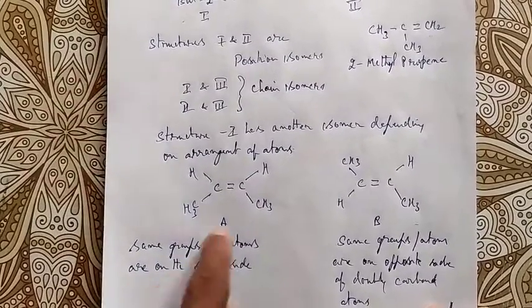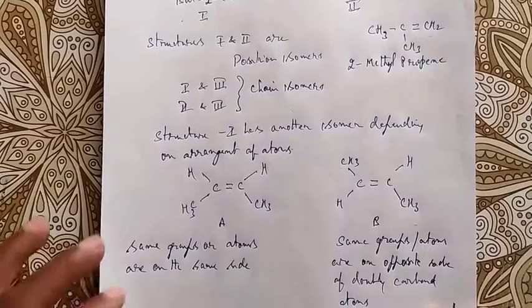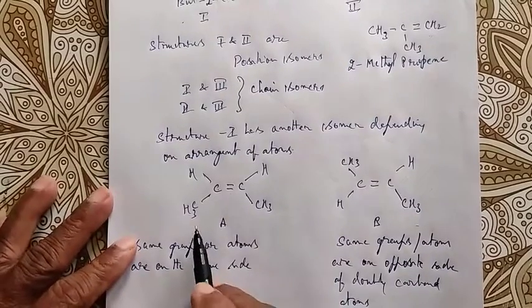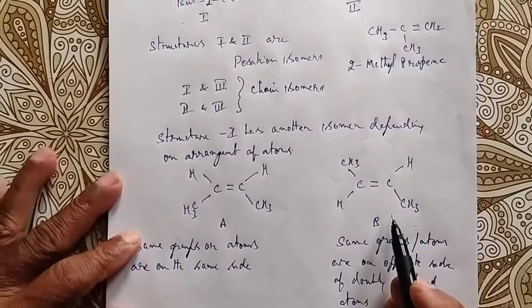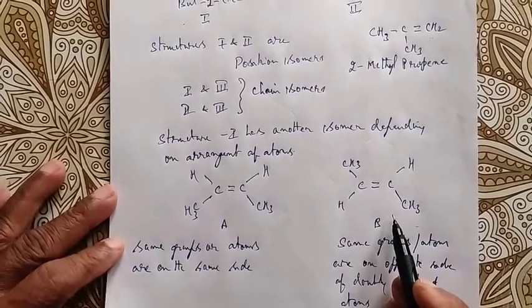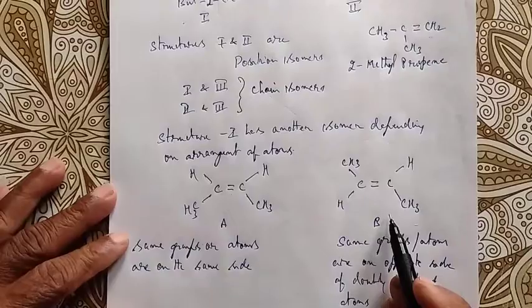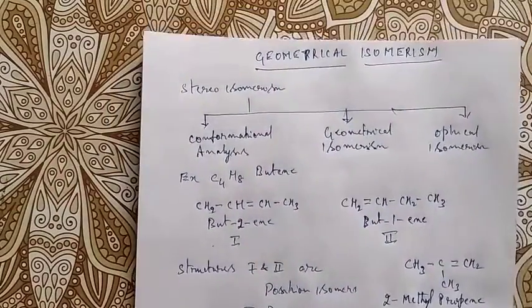So here the spatial arrangement is different. Such an arrangement in which the spatial arrangement of atoms or groups differs is referred to as geometrical isomerism.